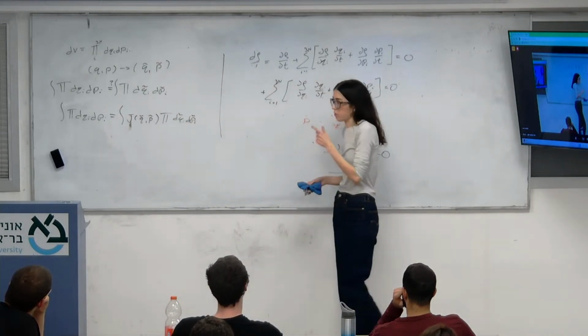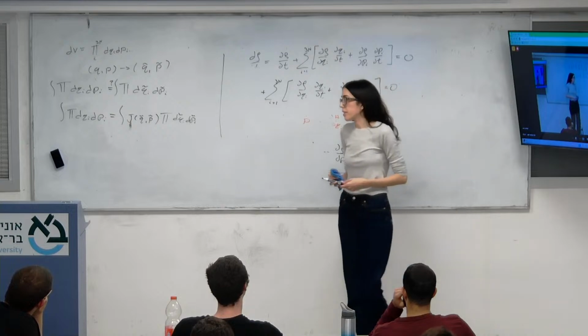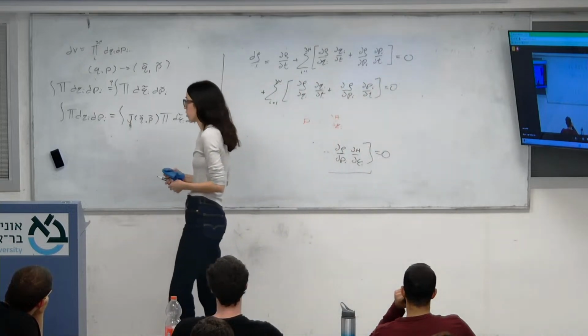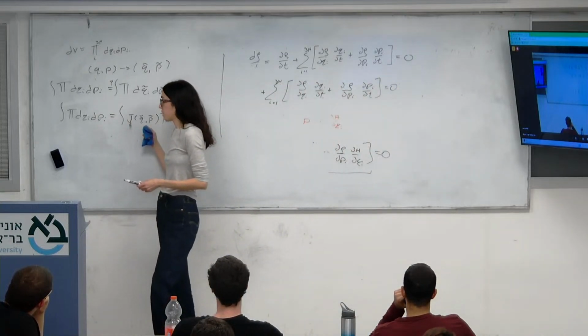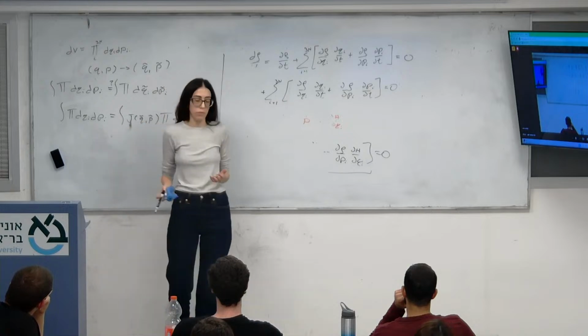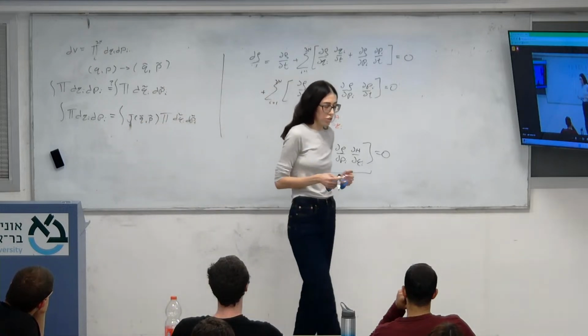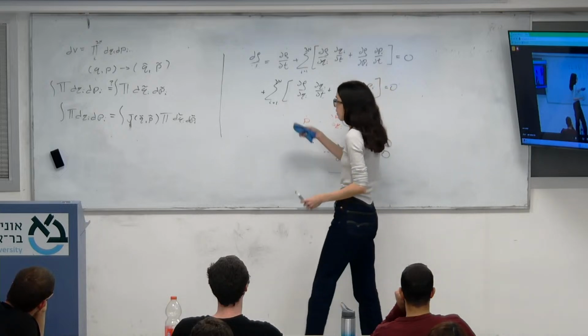That we're going to talk about now, and then we're going to show how this is true for any type of canonical transformation, and not just for the one that we saw for Hamilton's equation.